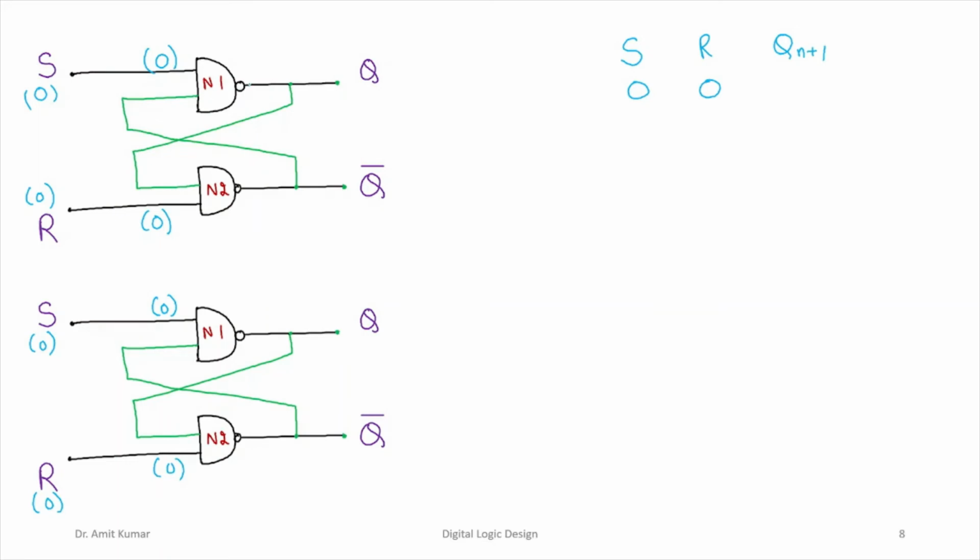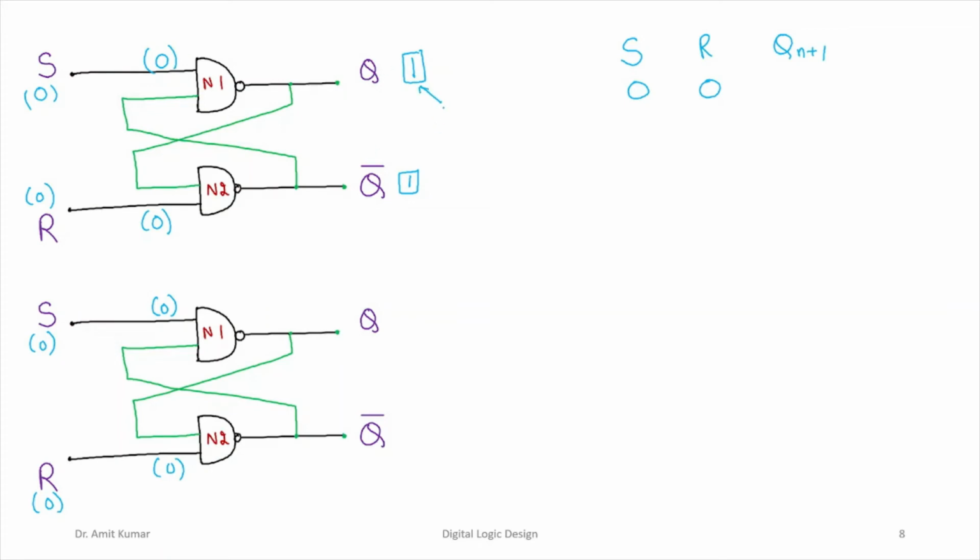So that is one way we can understand that when both of the inputs are 0, irrespective of these values, the outputs are always going to be in the 1-1 state, right? This output is always going to be in the 1 state, and this output is always going to be in the 1 state, which is not a required state, right? These have to be complement of each other.